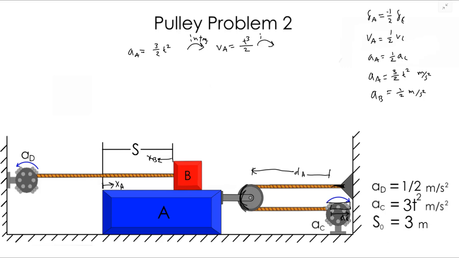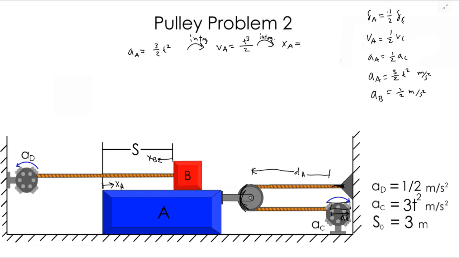Then let's take another integral to get XA. It's all starting from rest, so it would be plus 0 for our initial condition. If you're wondering about that whole plus C scenario, it's plus 0 because we're assuming everything starts from rest, which is typical of most of our problems.